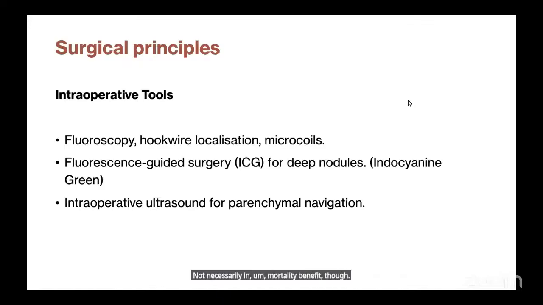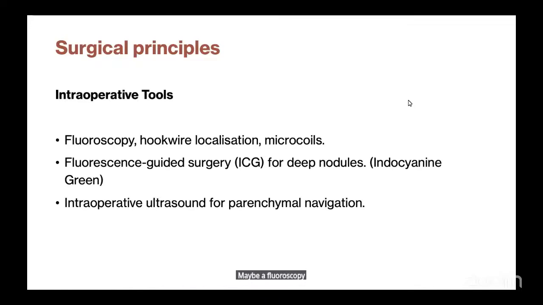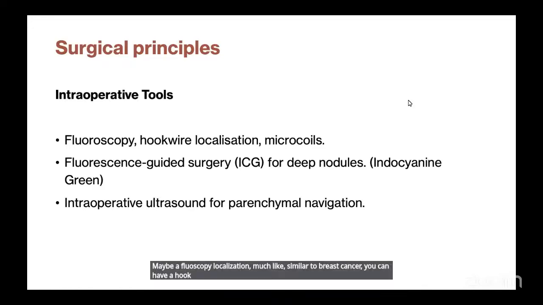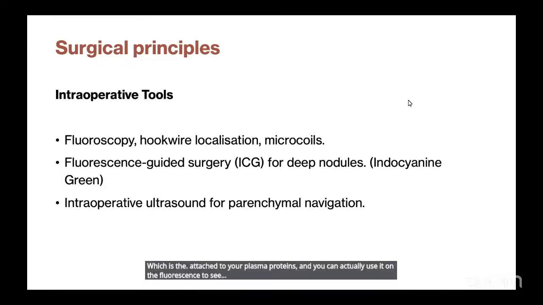Some of the other intraoperative tools that may be used for localizing include fluoroscopy and hook wire localization, similar to breast cancer. There are microcoils, and you can even use other agents such as indocyanine green, which attaches to your plasma proteins, and you can use it under fluorescence to find deep nodules.